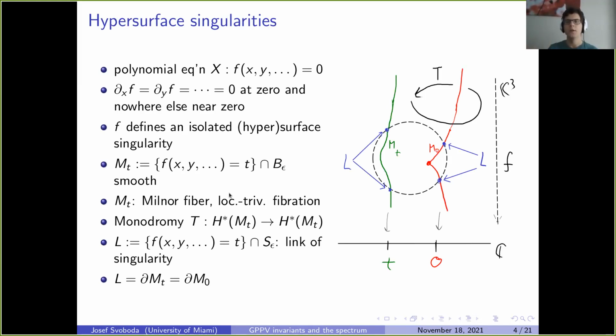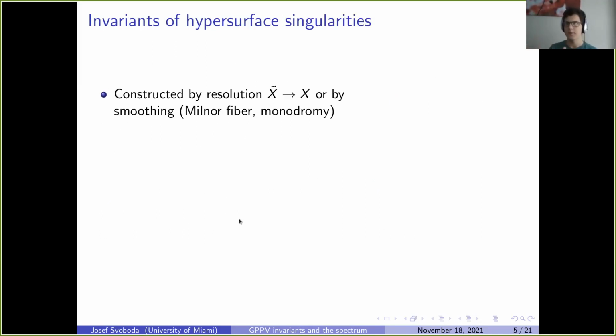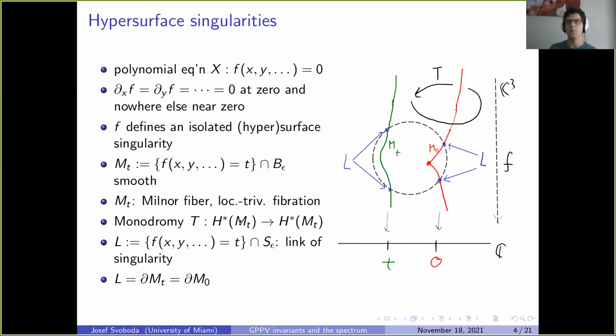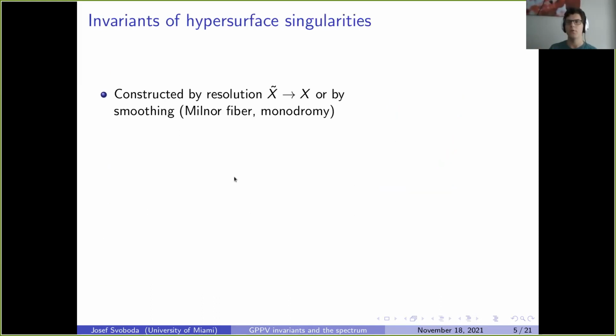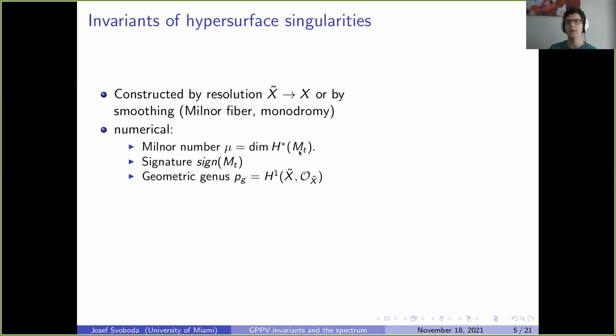So this cohomology is non-zero only in the middle degree, and it is a free Z-module, a copy of Z for each of these spheres. So if we take the number of the spheres, we get the Milnor number.